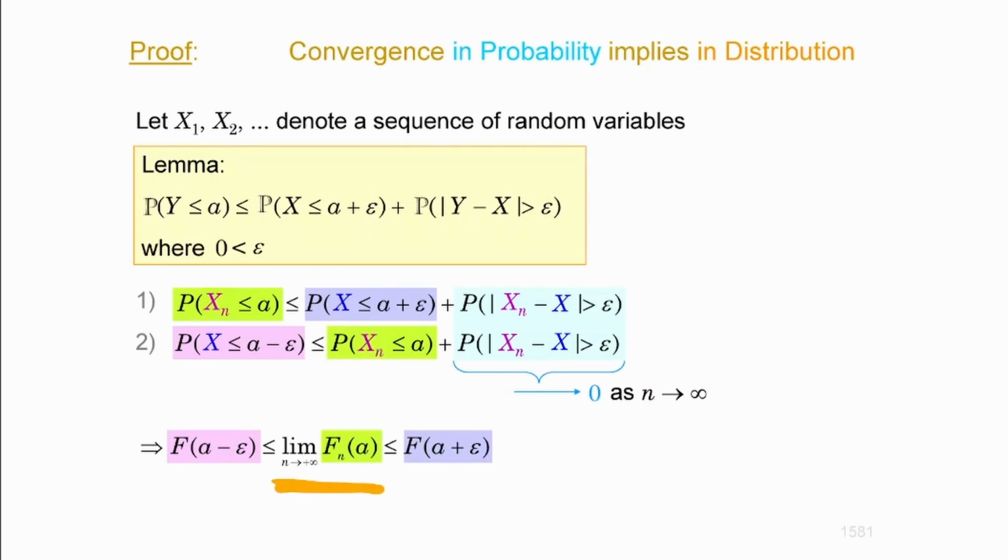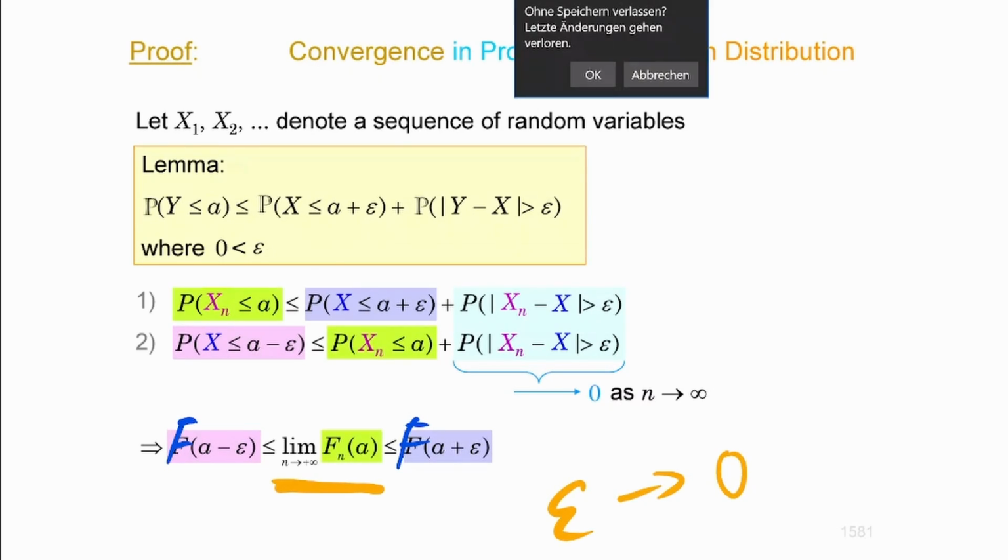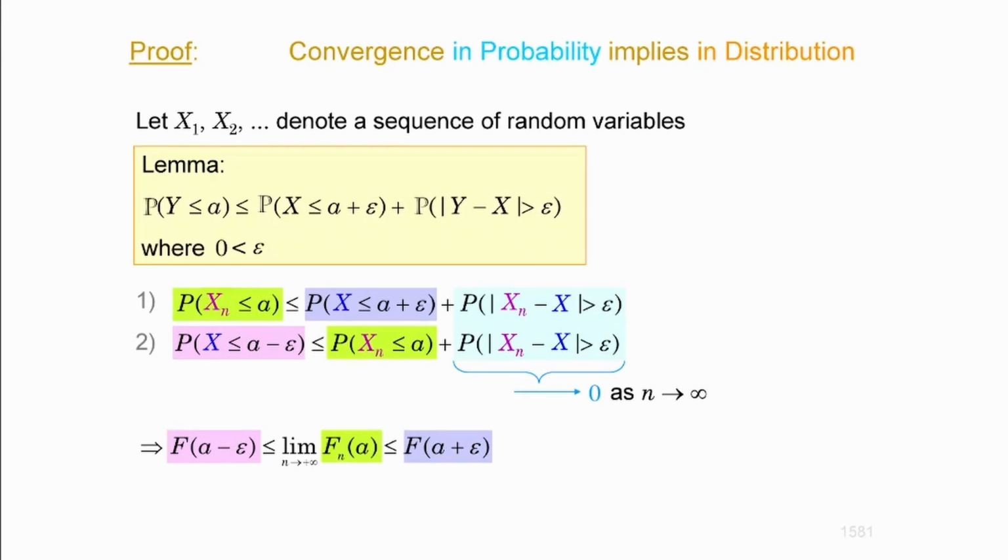Now, if epsilon converges to 0, which can be done because the limiting cumulative distribution function F is continuous, the upper and the lower endpoints are going to squeeze the function in the middle in the limit, and that's why you have convergence in distribution after all.